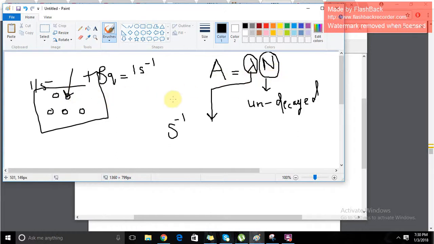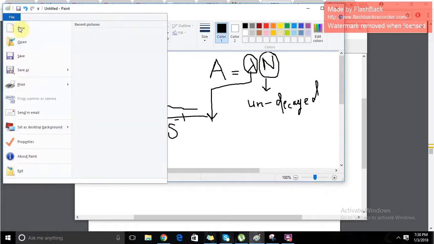So this is the reason that activity decreases as the process goes on. Initially, when there are a lot of undecayed nuclei in a sample, the activity would be high, but as time went onwards, the activity would decrease just as the number of undecayed nuclei decreased, and the count rate would similarly fall.